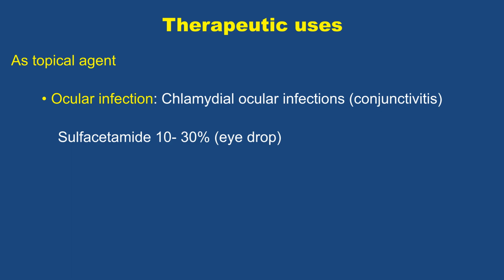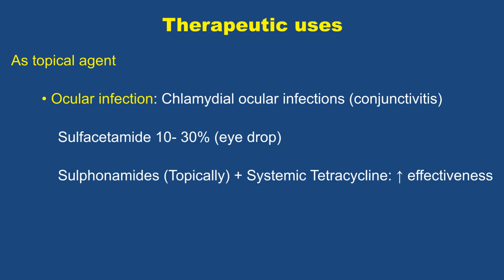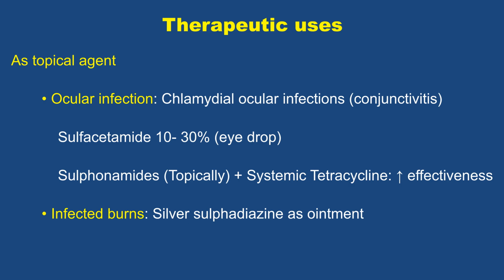But the effectiveness can be increased while we use this topical agent along with systemic tetracyclines. Coming to infected burns, silver sulfadiazine ointment can be used topically for the prevention and treatment of infections in burns.